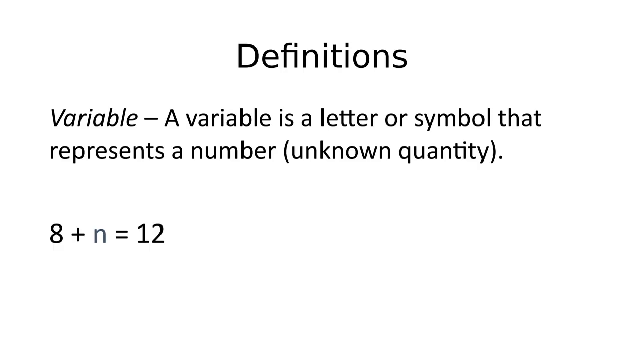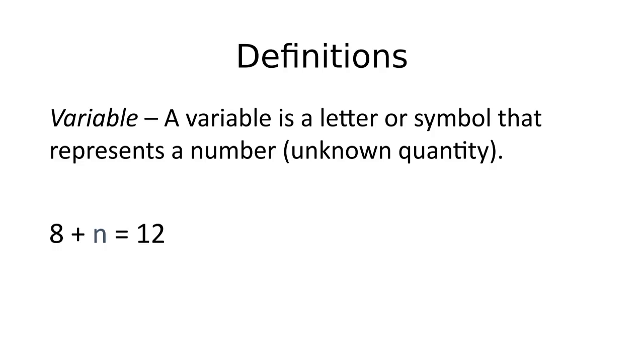So first thing, what is a variable? So a variable is a letter or symbol that represents a number. So a variable, just again, it's just a letter, and you can use any letter. So we talk about that in the next slide, but usually we use X or Y. In most cases, we use X or Y as a variable, but in a lot of different formulas in physics or chemistry, there's other letters that we will use.